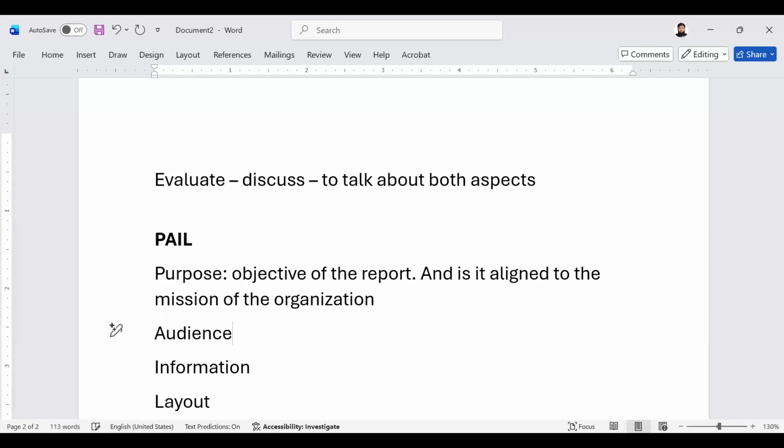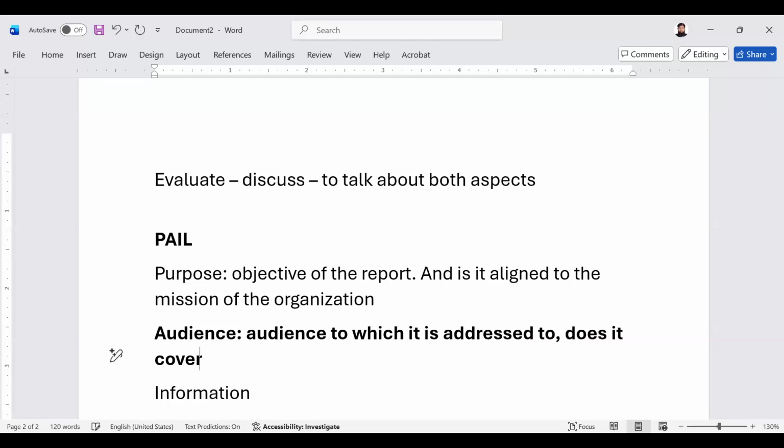Plus, the audience to which it is addressed: does it cover the right information for the audience?